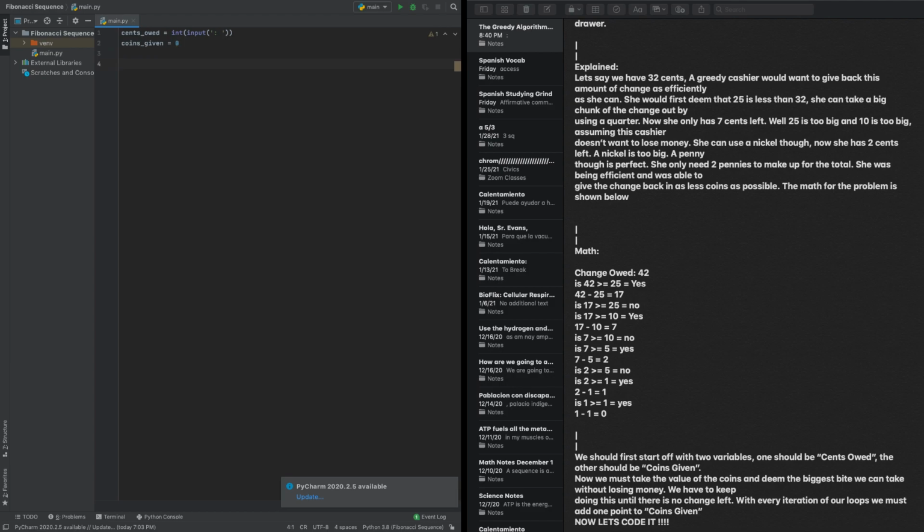So remember how I said we have to keep using while loops until it's greater than, right? Our first value is 25 cents, our first quarter is 25 cents. While our cents owed is greater than 25, we must keep on doing this.